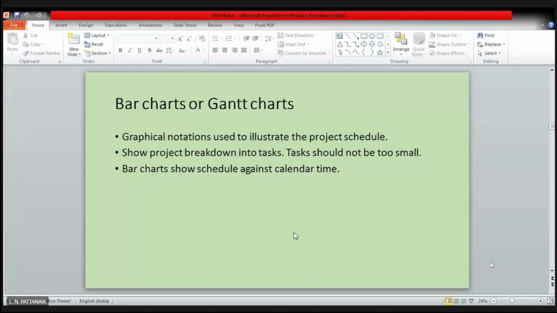Or if the project is a very small one and you are going to complete the whole project within a few hours, you can use hours, or you can use weeks or months, depending on the time scale that is appropriate for that kind of project.